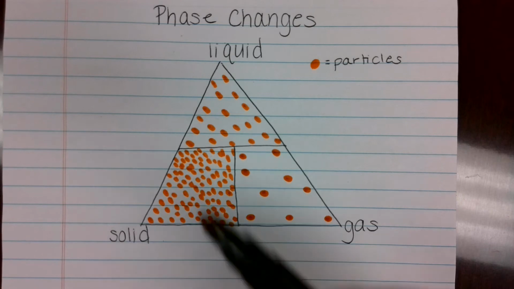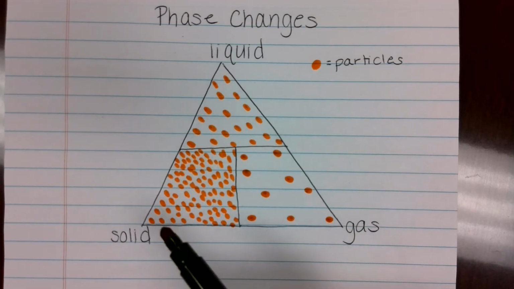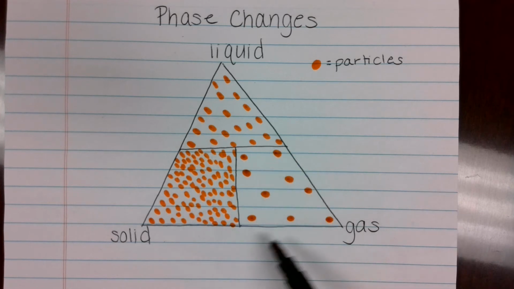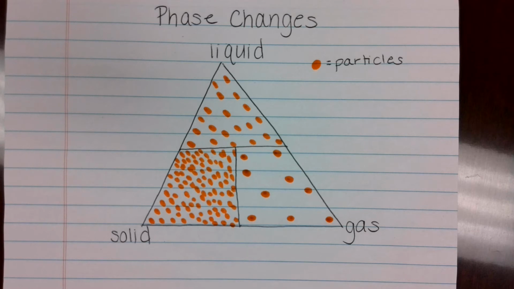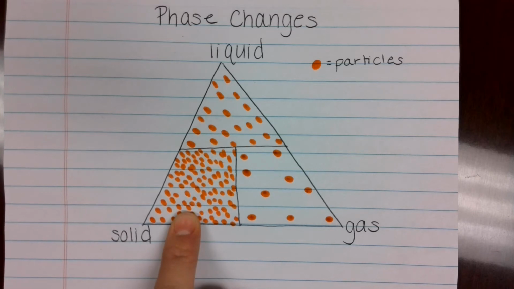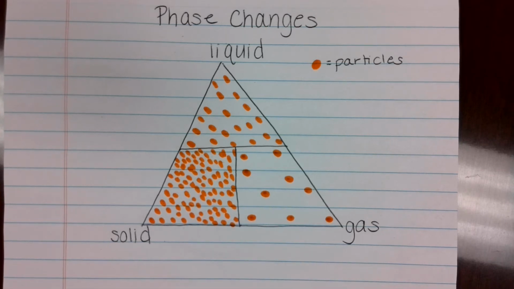So you can see, as we move through our phase changes, our particles either become more spread out or they become more dense. But you're probably wondering, how do our particles become more dense into a solid or more spread out like in a gas? Well, it has to do with temperature changes.